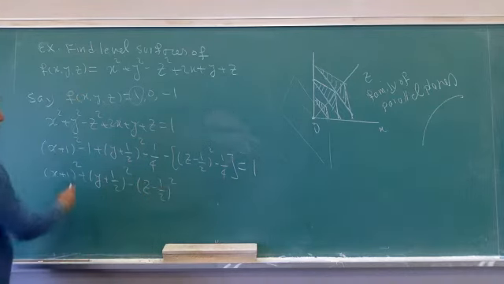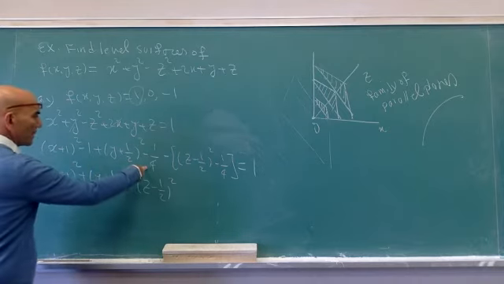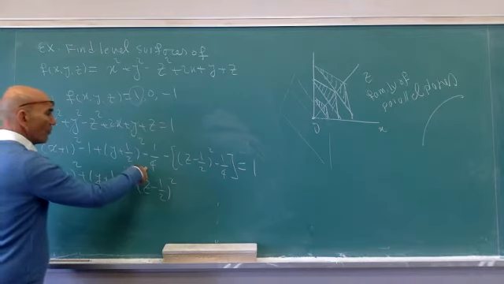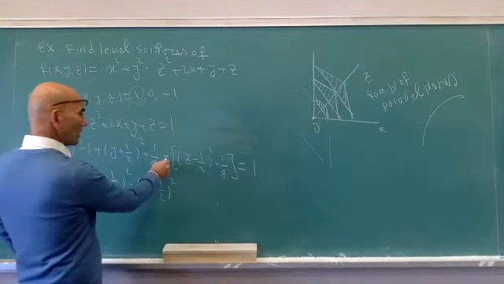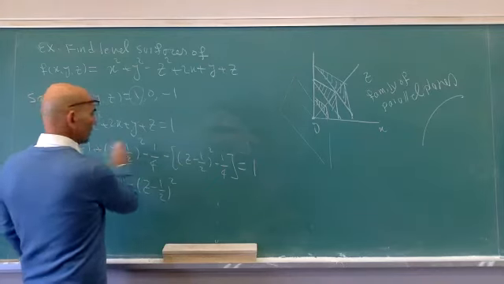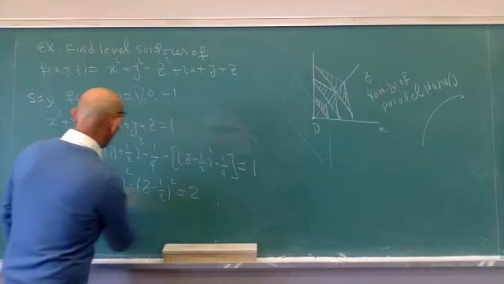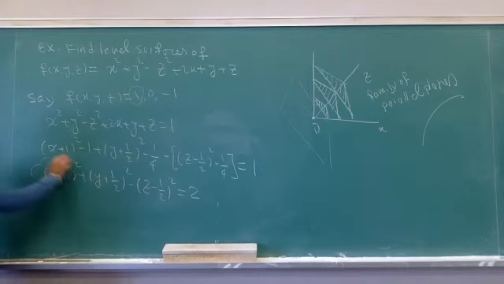And now, what are these values? Negative 1, negative 5 over 4, oh, this actually luckily cancels with this. Yes, and then this is equal to 2. So this is the equation.